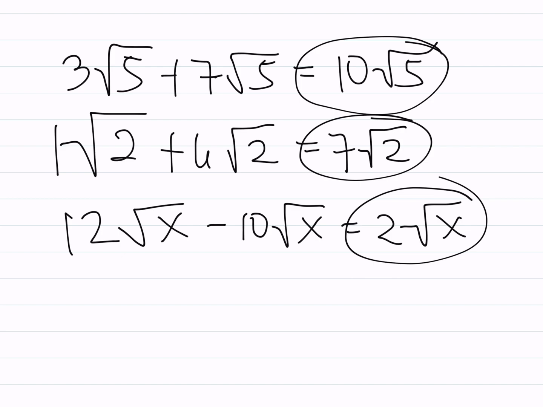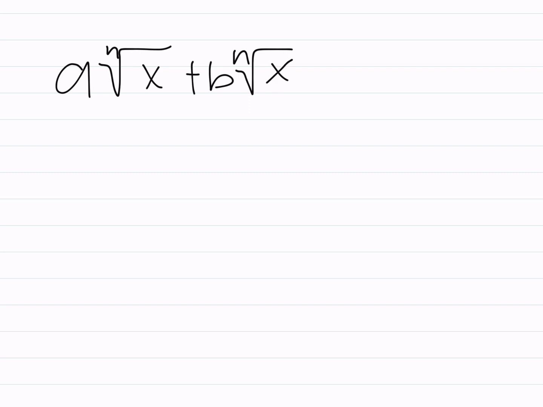In adding and subtracting radical expressions, there is a rule. In adding radicals, the rule is a times the nth root of x, plus b times the nth root of x, is equal to a plus b times the nth root of x.